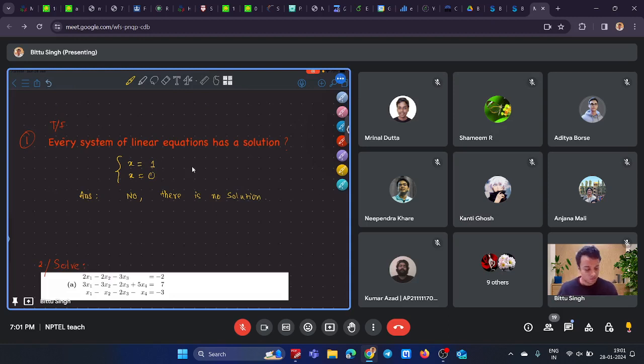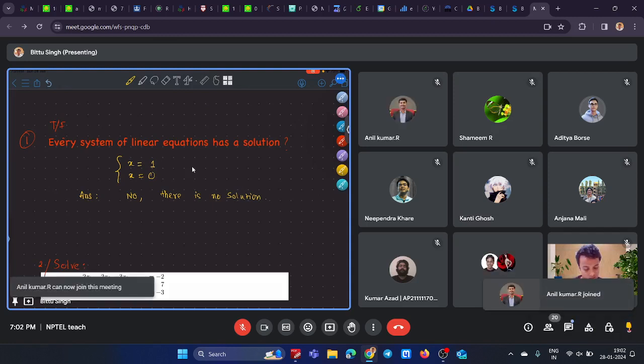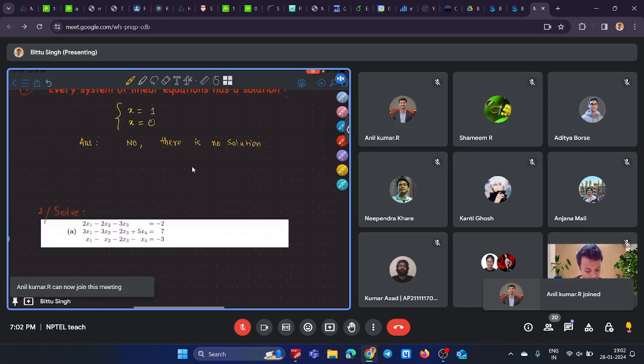It is not possible. So this system has no solution. Note that a system of linear equations may not have a solution.